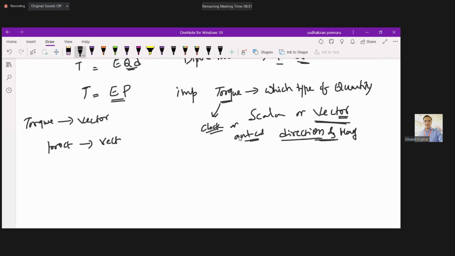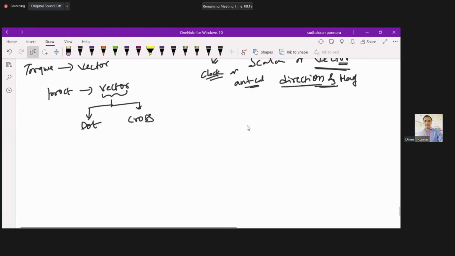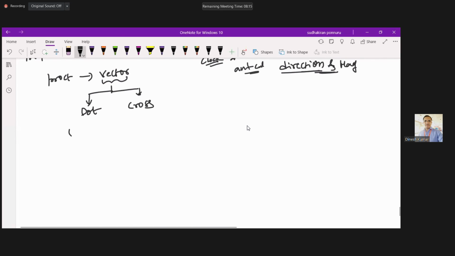In case of vector, we have two types of product: one is dot product and the other is cross product. We also know that dot product is a scalar product and cross product is a vector product. Since torque is a vector quantity, we have to represent it with cross product but not dot.